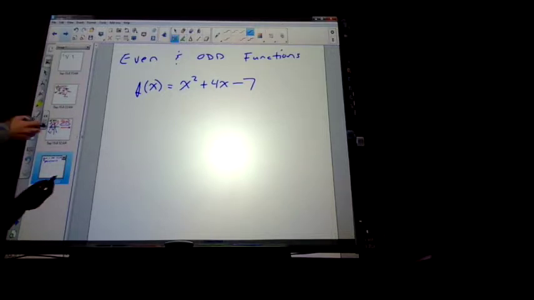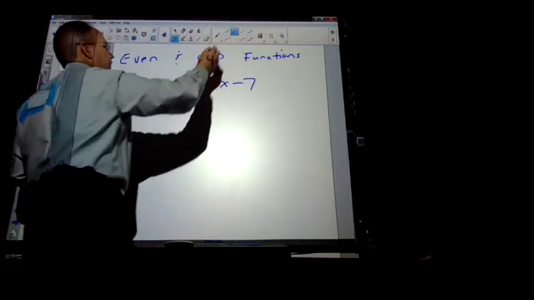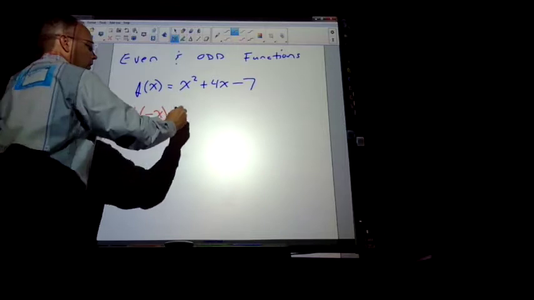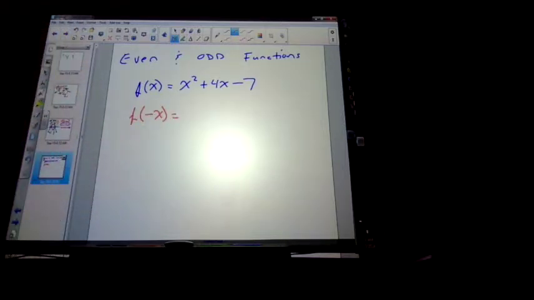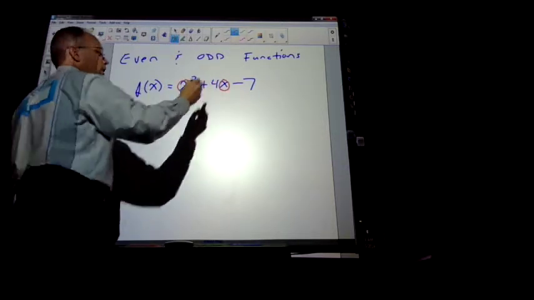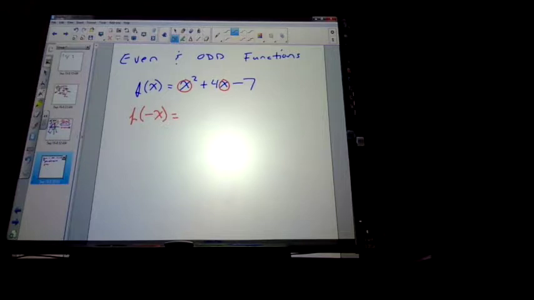But if I wanted to determine if this was an even or an odd function, I'm going to do one step and one step only. I'm going to take a negative x and plug it into all the x values. So I'm going to substitute in for each of these x values. A few things are going to happen.